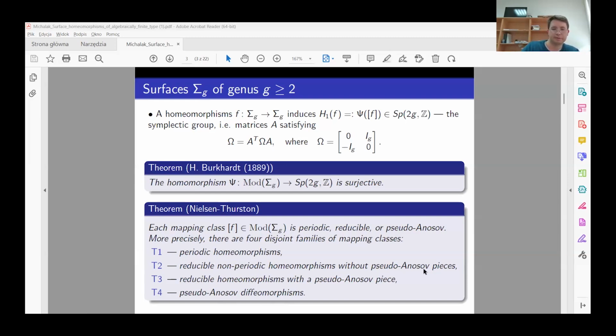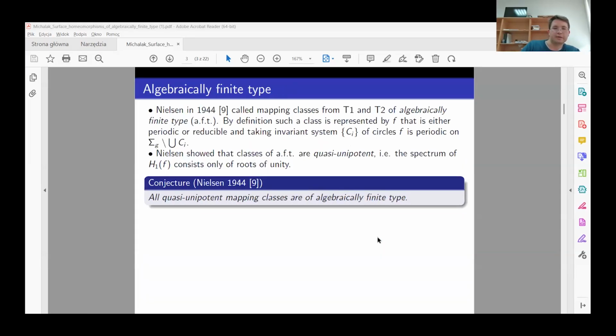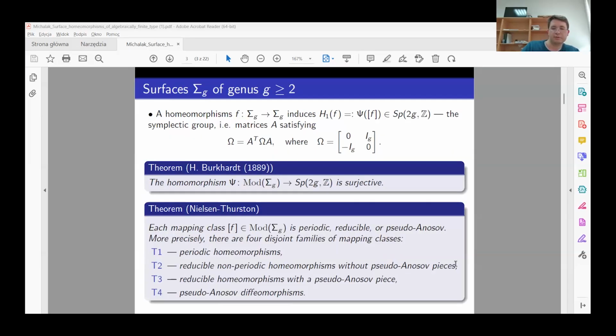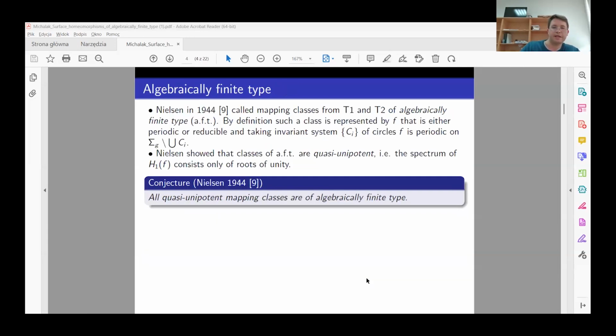T4 is the family of classes containing pseudo-Anosov diffeomorphisms of a surface, and T3 contains such reducible homeomorphisms of which at least one piece is pseudo-Anosov. Okay, so these first 2 classes, T1 and T2, without pseudo-Anosov mappings in any piece, are called of algebraically finite type.